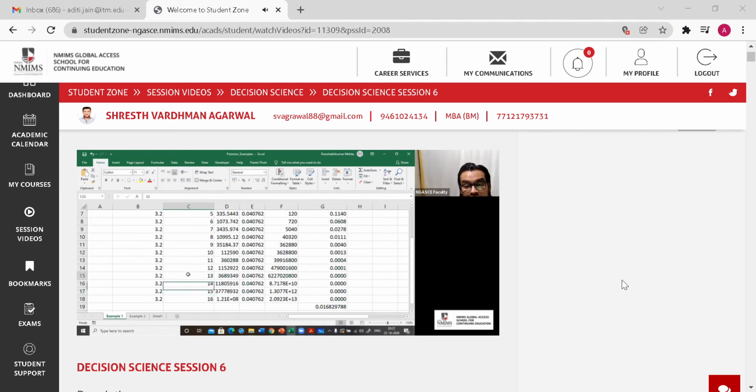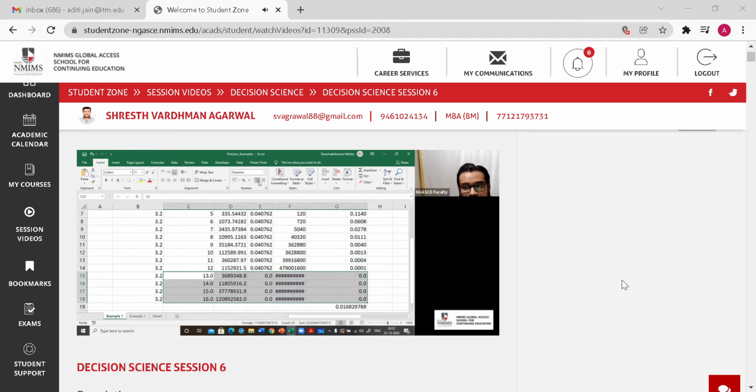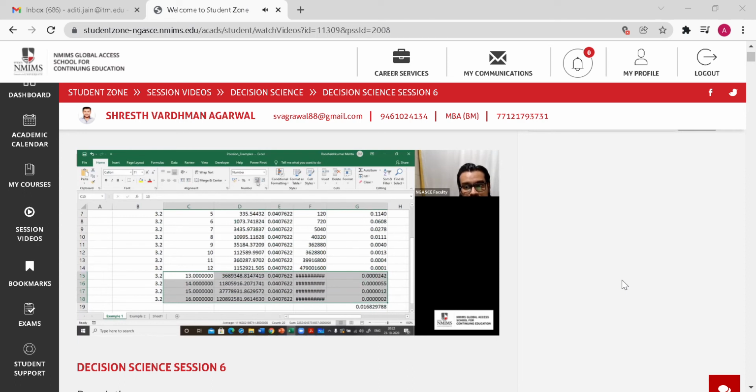Now from 12 onwards there is no much deviation up to 4 decimal places. And after 14 there is no deviation up to 5 decimal places.